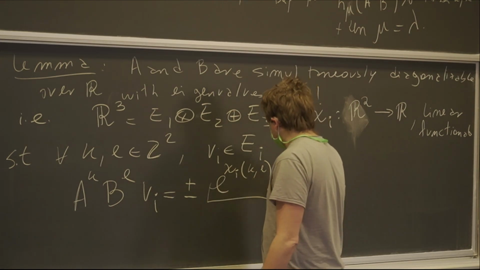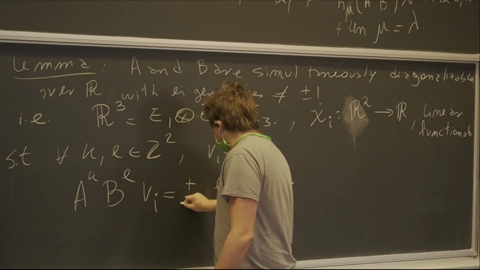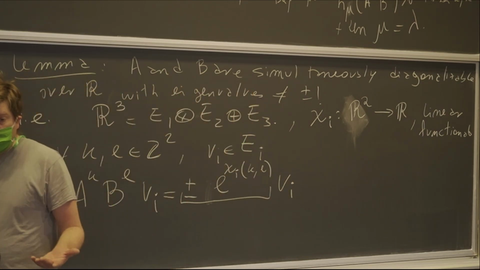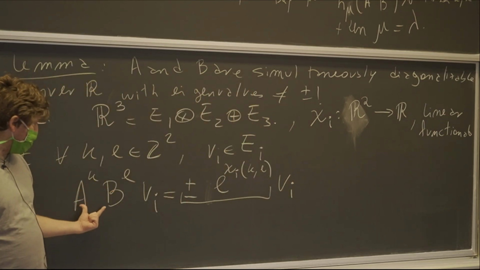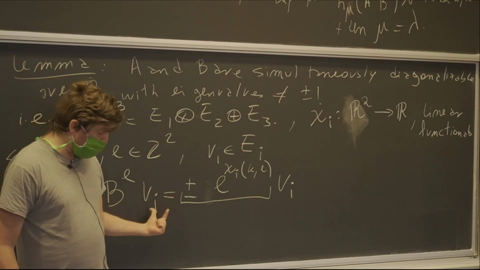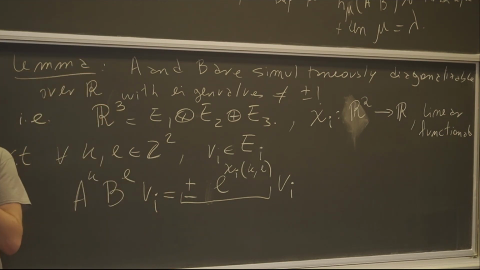So this is the eigenvalue for this matrix A to the K, B to the L along this space Bi.